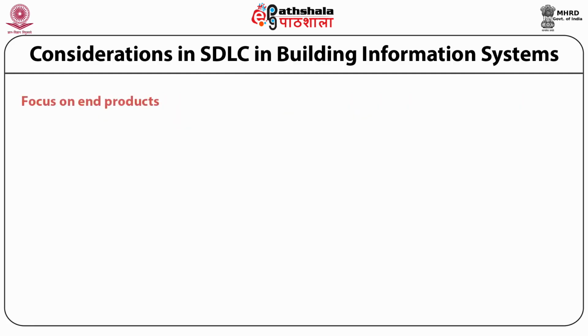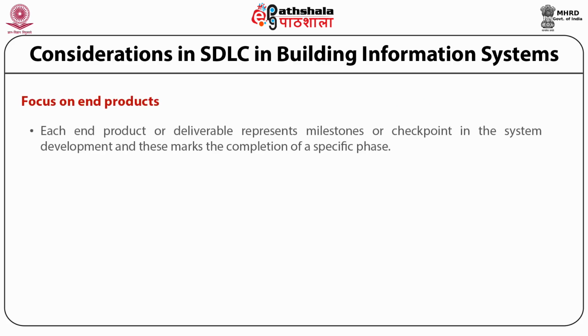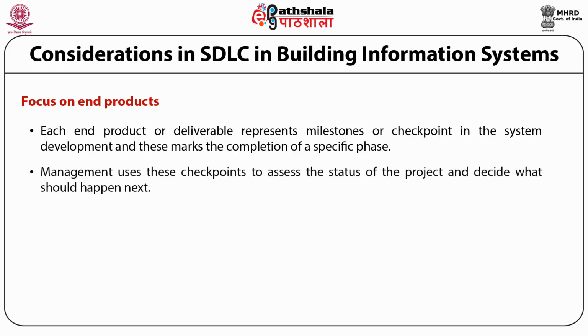Further, focus on the end product. Each end product or deliverable represents milestones or checkpoints in the system development, and these mark completion of a specific phase. Management uses these particular checkpoints to assess the status of the project and decide what should happen next.